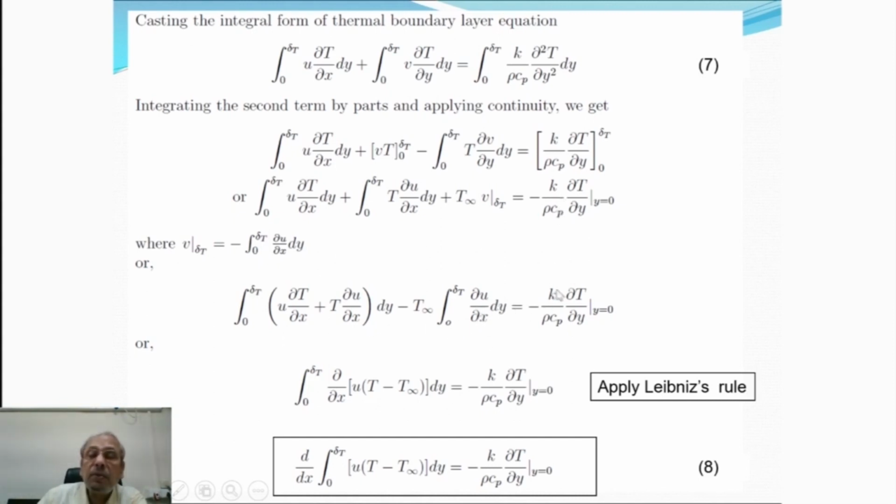And this is equal to minus k by rho Cp del T del y at y equal to 0.